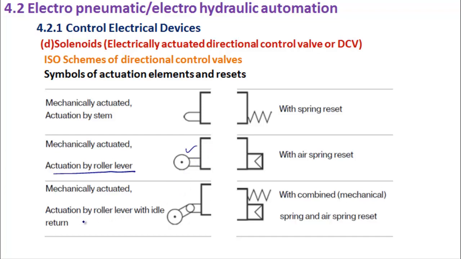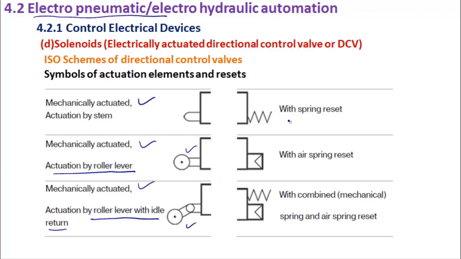Or when we are having a roller lever with idle return, then we basically draw this symbol. But don't worry, in this particular module you will not be asked about the mechanically actuated symbols, because generally that is not there in 4.2, because 4.2 is basically electropneumatic.